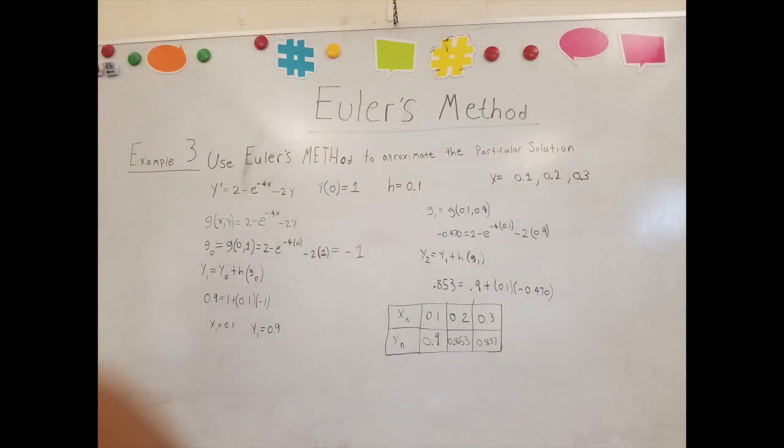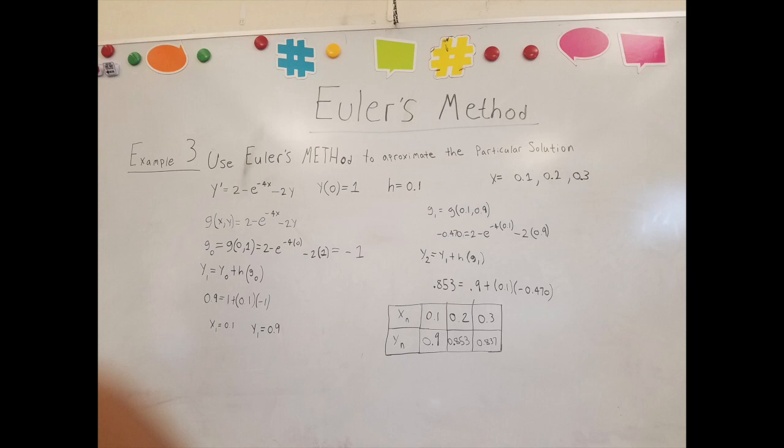Next, we go to example 3, which is applying Euler's method similar to the first example, but with a different kind of problem, a more complicated version. You follow the same steps, where you plug and chug your numbers into the parent functions.